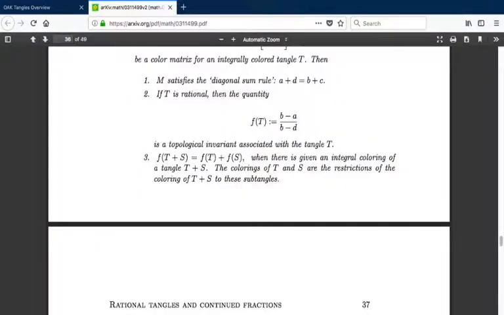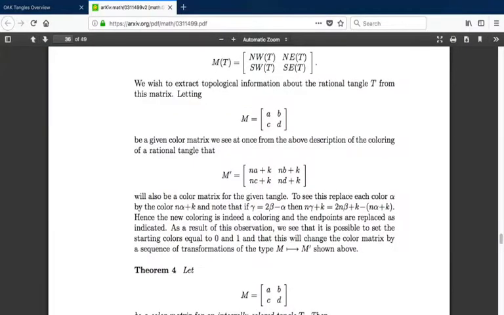And the second result, and this is the big finish here, is that if we started with a rational tangle, then we can form this fraction. This fraction is formed by subtracting the colors that we had on the top, so B minus A, so subtract northeast minus northwest, and dividing that by the difference northeast minus southeast.